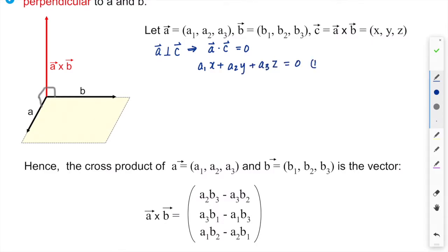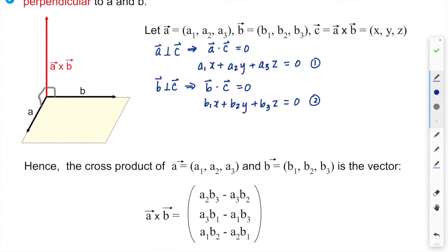This is one equation. I'm going to do the same thing with vector B, and this will give me the equation B1x plus B2y plus B3z equals 0. This is a second equation.